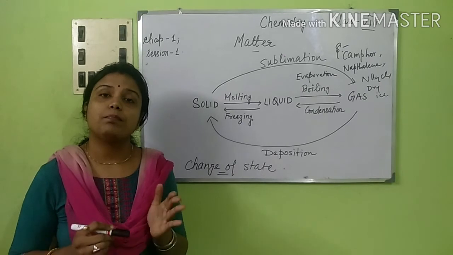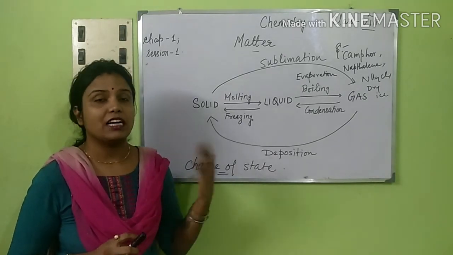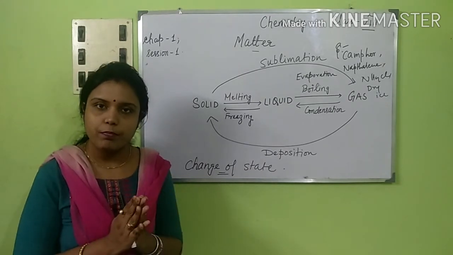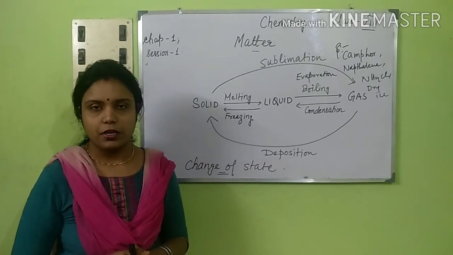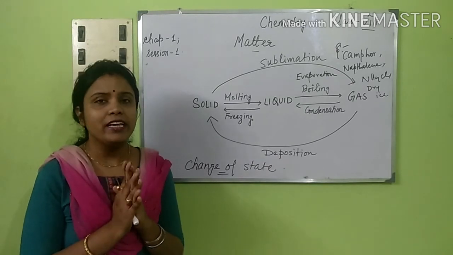Boiling takes place at a particular temperature, that is, it needs a particular energy to get the liquid converted to the gaseous form. But evaporation actually happens at any room temperature. Then another difference between boiling and evaporation: boiling is very fast.